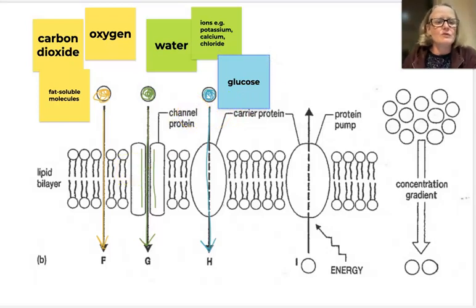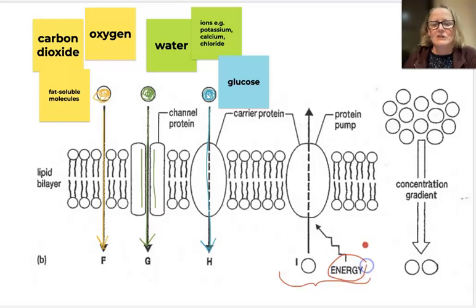But now we come to the last kind of transport, which is active transport. So that's what's happening here. And you can see energy is needed, and it's actually energy in the form of ATP. So this is what is created inside the mitochondria as they process the foods that we've been eating.